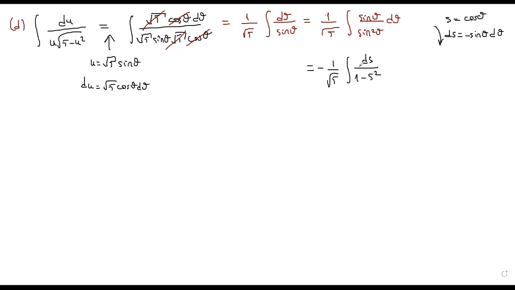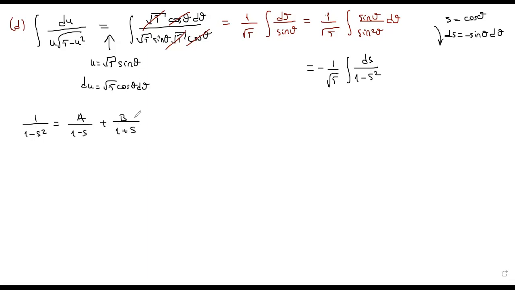So the aim here is to write that 1 over 1 minus s squared as a sum of 2 fractions, okay? So this is equal to 1 minus s times 1 plus s, right? So we want to write it in this form.